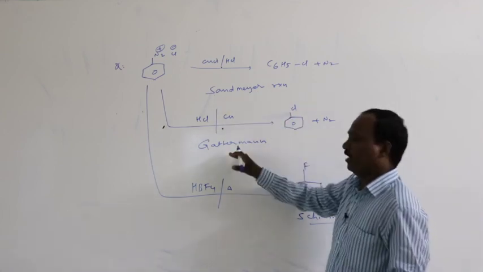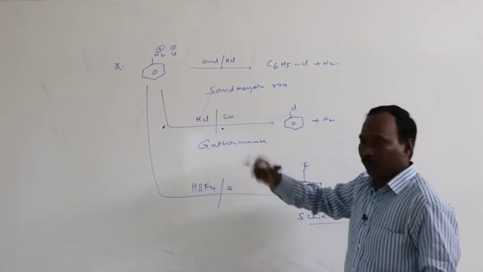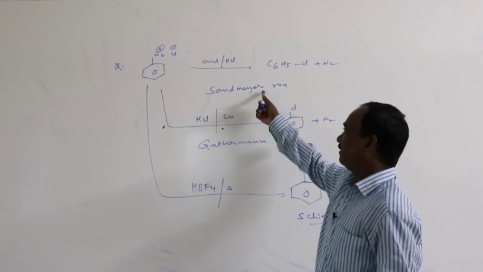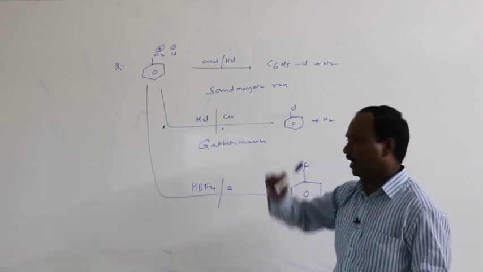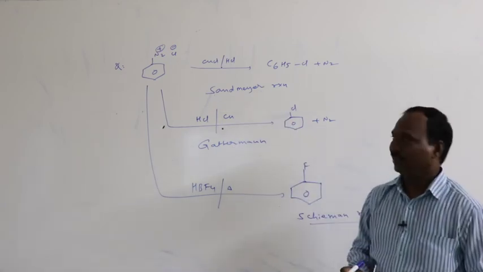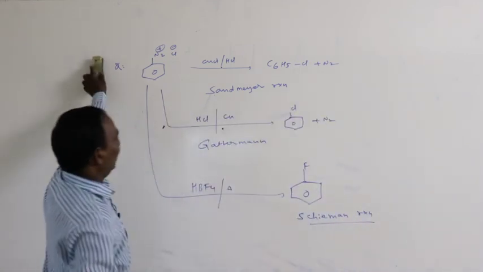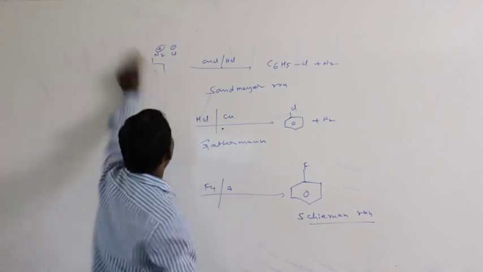When compared to Sandmeyer and Gattermann, the most efficient reaction is the Sandmeyer reaction. In this, maximum yield is obtained compared to the Gattermann reaction. So Sandmeyer is the better reaction.